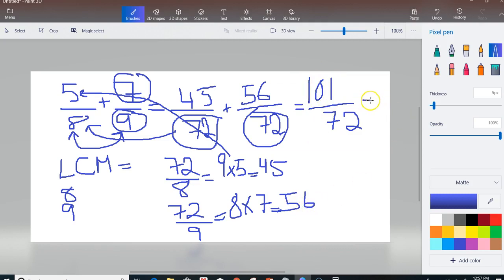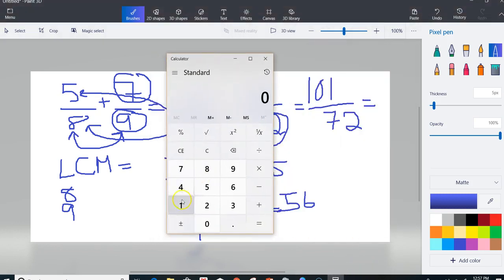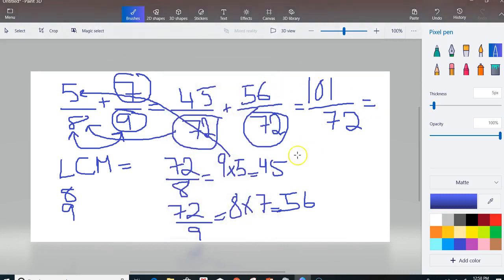You can leave it as 101/72 in a problem, or if your instructor asks you to turn this into a decimal, you can divide it with a calculator, in which case it will be 1.4. Or you could also transform it into a smaller fraction by reducing terms, or into a mixed number. Let's do more in the next lesson.